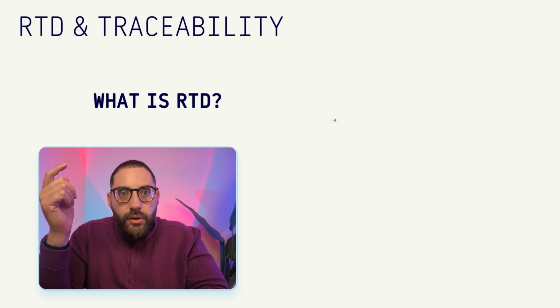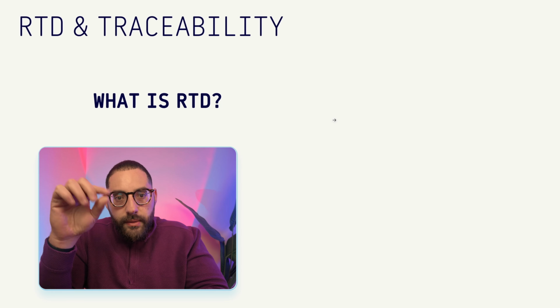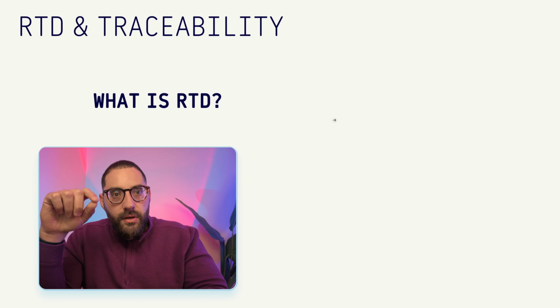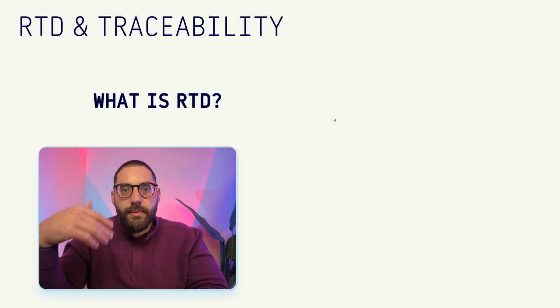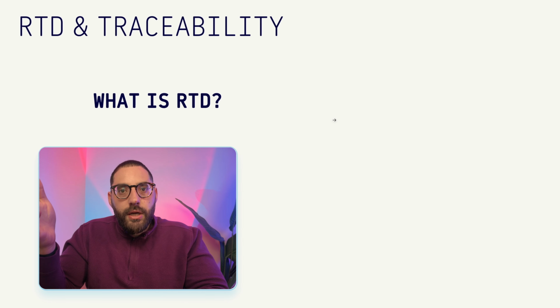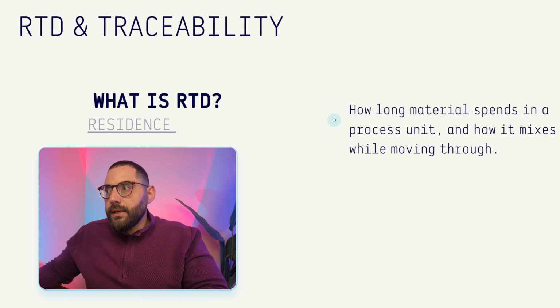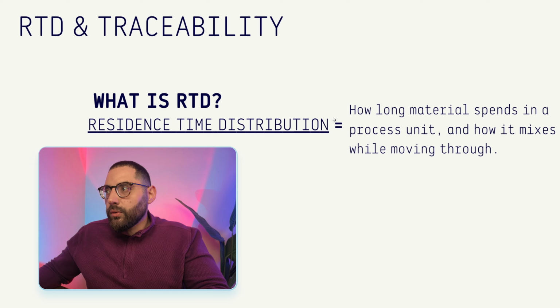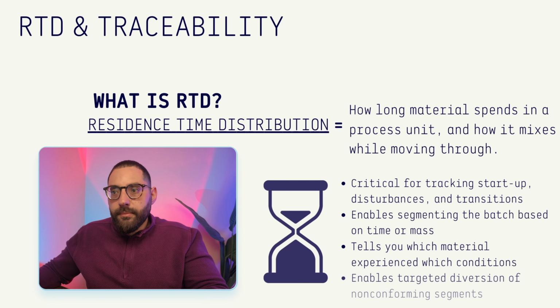Maybe one element drifts out of specification or a process parameter moves out of its intended range. In a batch process, you know which batch was affected, but in continuous manufacturing, because you have constant production, you don't. And so RTD allows you to understand how long a material spends in a process and how it mixes while moving through.